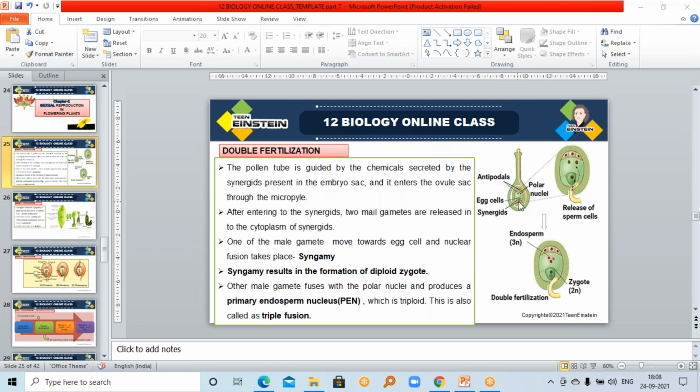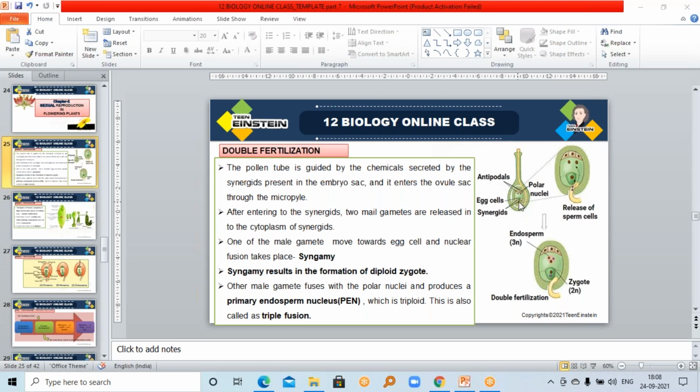This is the common method of entry, and in most plants we can see this common mode of entry through the micropylar region. Note down, through the micropylar region, that is the normal. In almost all plants we see this micropylar entry.